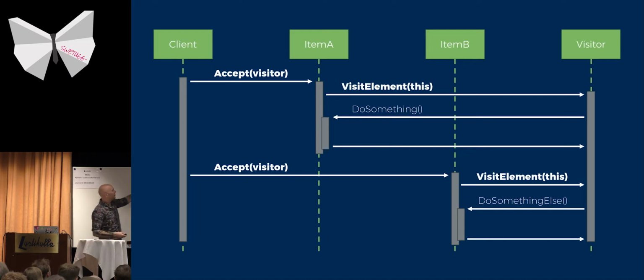So the client creates a visitor of some sort, some form of algorithm as an object, and passes that into item A by calling accept on item A. Apparently accept is the standard term for sending a visitor to an item. The item then, inside of the accept call, calls visit element on the visitor, passing itself in.